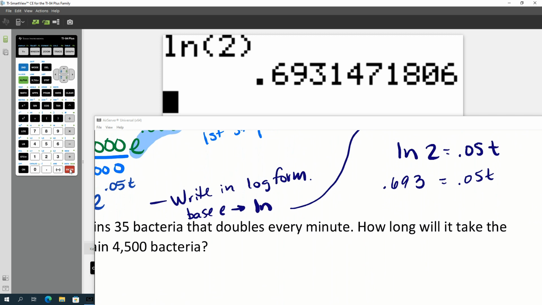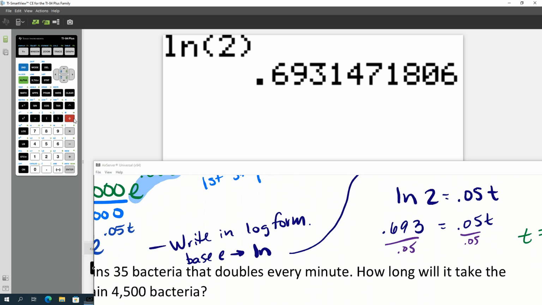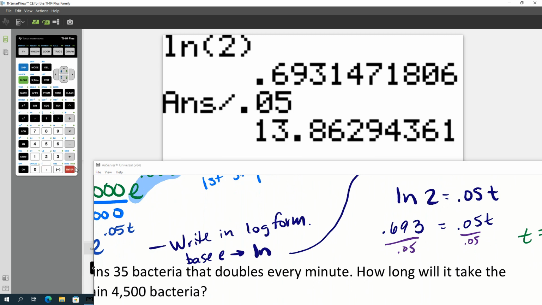Then we want to solve that for t. So what should I do with this 0.05? Divide by it. All right, so it looks like it's going to be 13.9 years for their money to double.